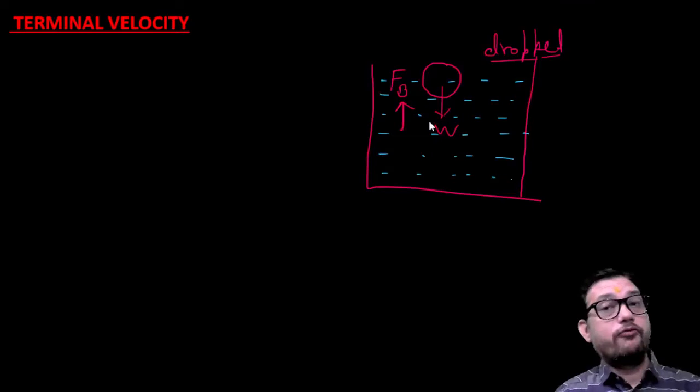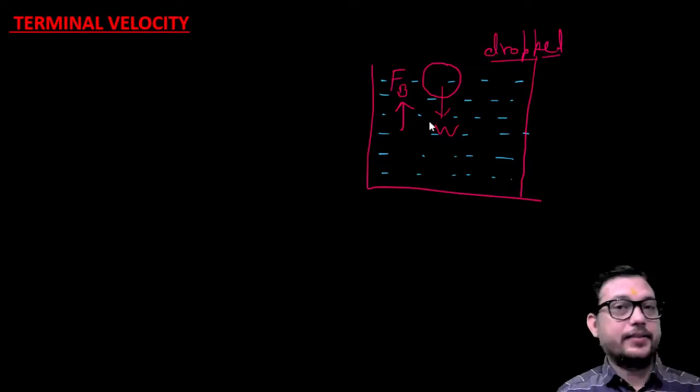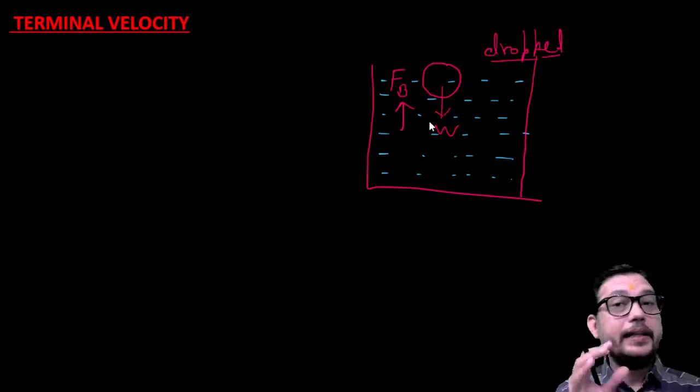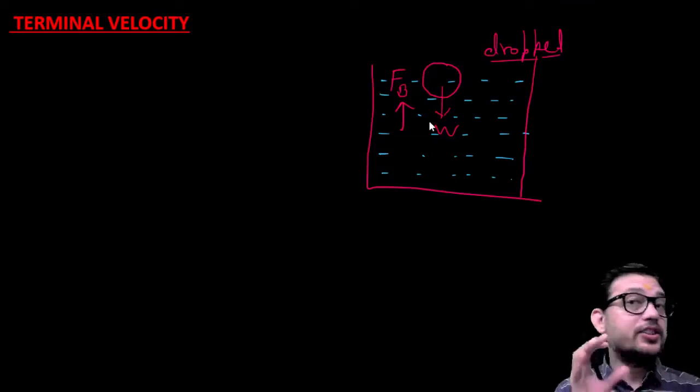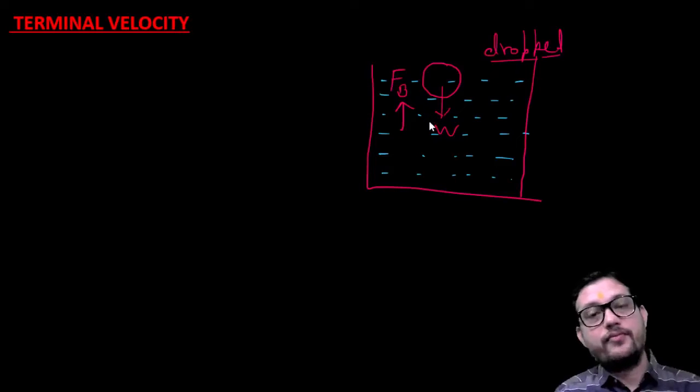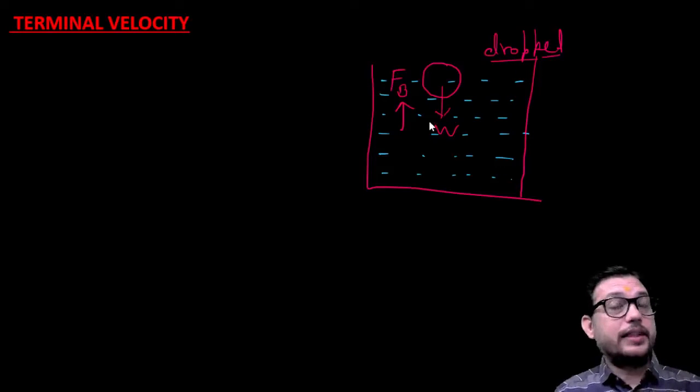But one more thing is there. As Stokes told us, when any solid body passes through any fluid, then a viscous force, a dragging force which opposes the motion of the body, also acts, and the reason is the viscosity of that particular fluid.